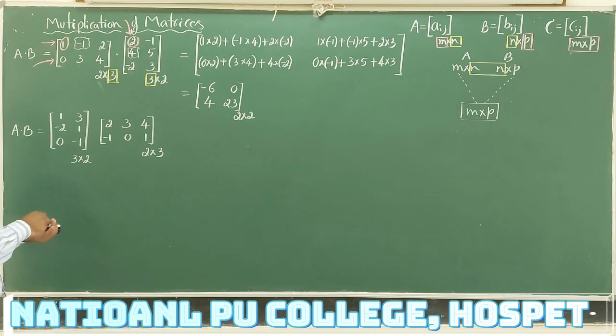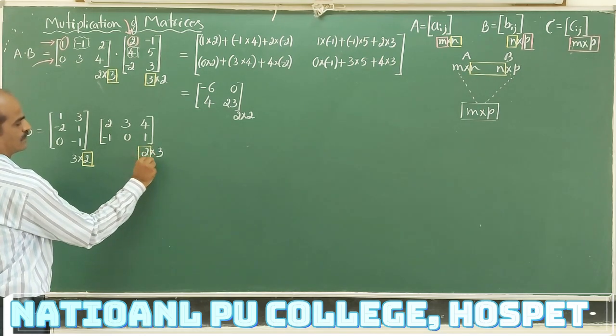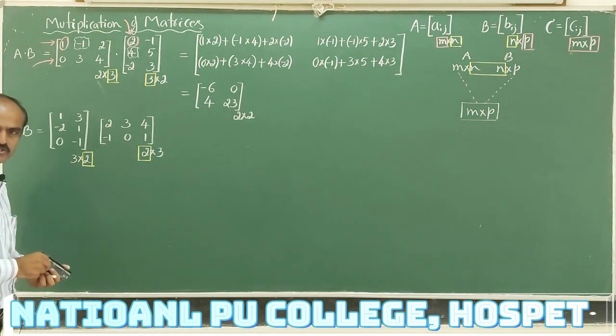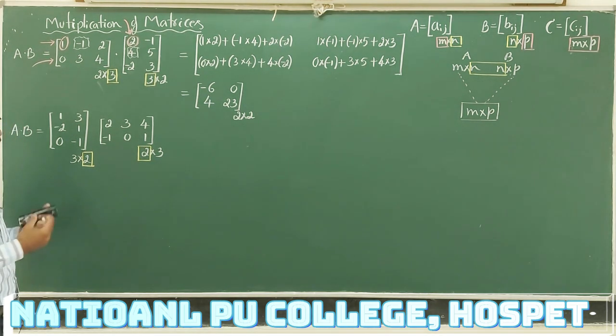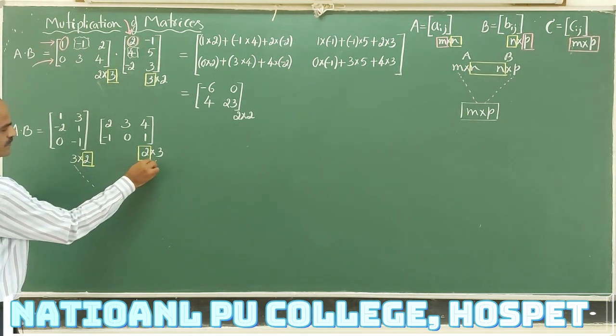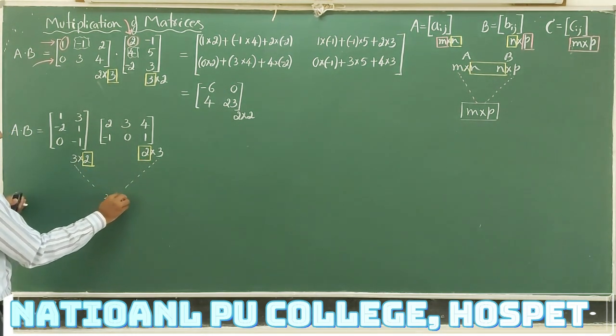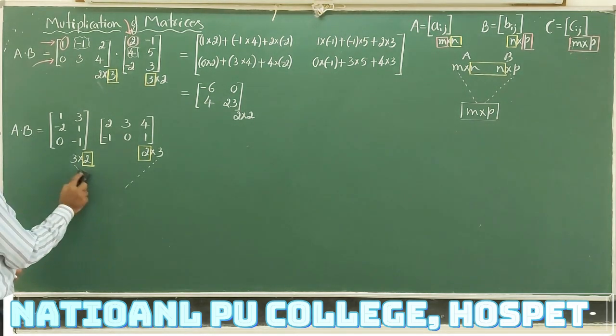So here number of columns of first matrix 2, number of rows of second matrix 2. Multiplication of matrix is defined. What is the order of the resulting matrix? Yes, surely you are going to get a 3 by 3 matrix. Let us see how to get that 3 by 3 matrix.